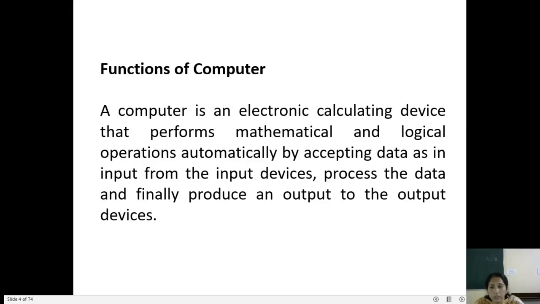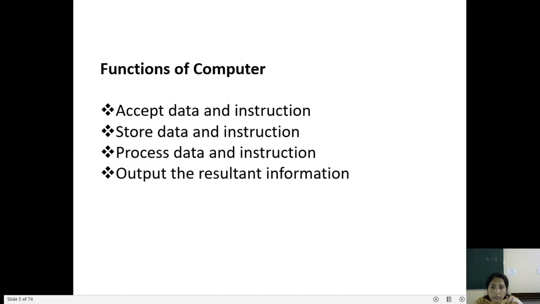The main function of the computer is calculating, performing mathematical and logical operations automatically, accepting the data by using input devices and processing the data by using the processor and displaying the data on your screen or on the output devices. Then let's understand a brief functionality of a computer. Accept the data, store the data and instructions, process data and instructions, output the resultant information.